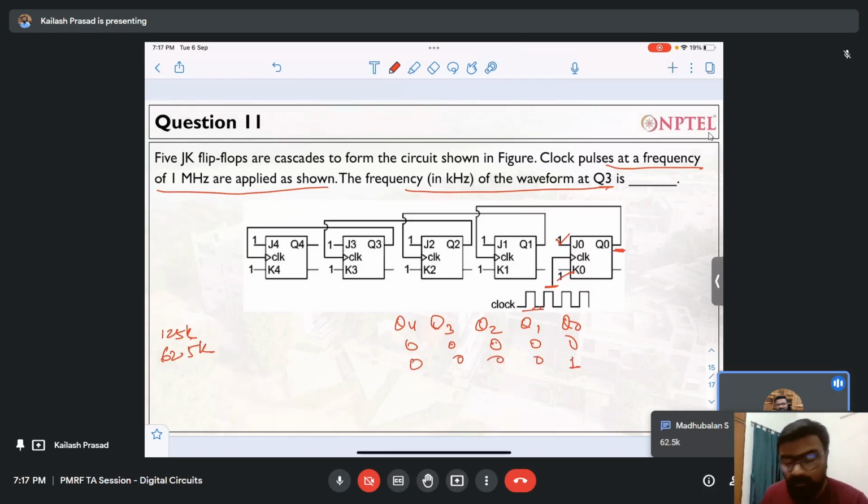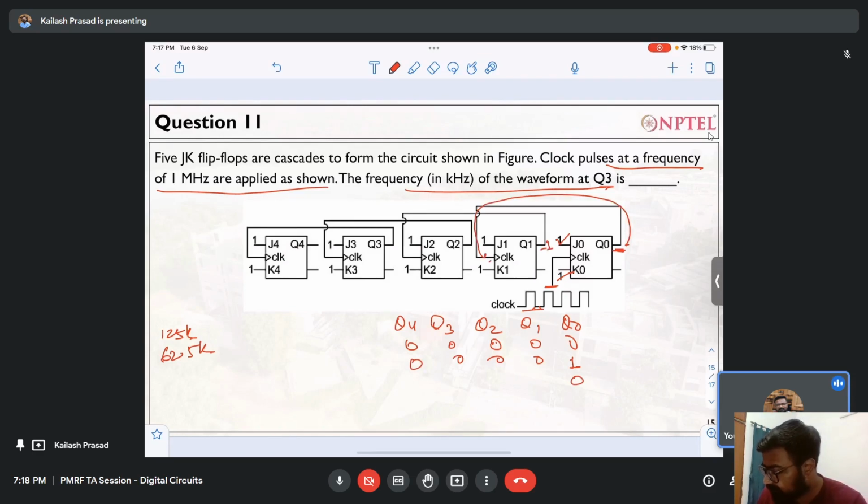In the next clock cycle, this will become 0, this 1 will come here and make this 1. This will keep on happening until this value becomes 1 1 1 1. It's a counter.